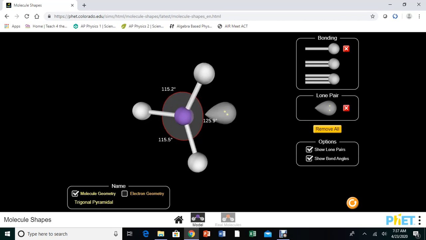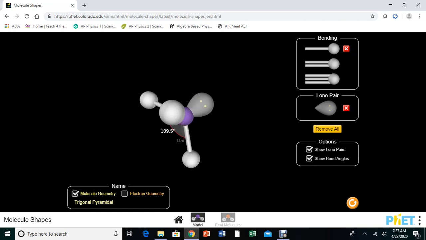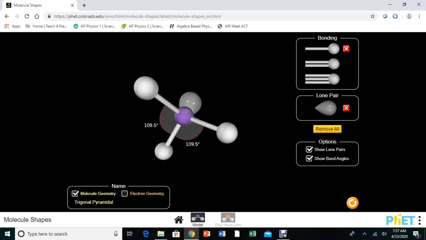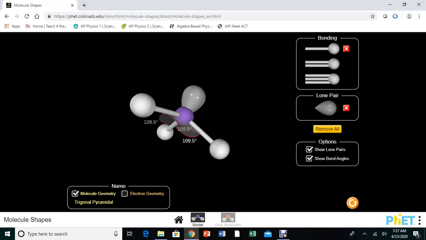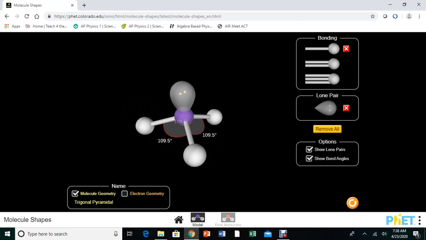If we add a lone pair of electrons, the bond angle is going to change to 109.5, and the molecular geometry has changed. This looks severely different than just the three bonded atoms, the trigonal planar. This molecular geometry is called trigonal pyramidal.